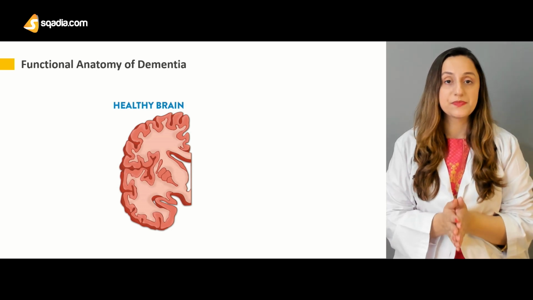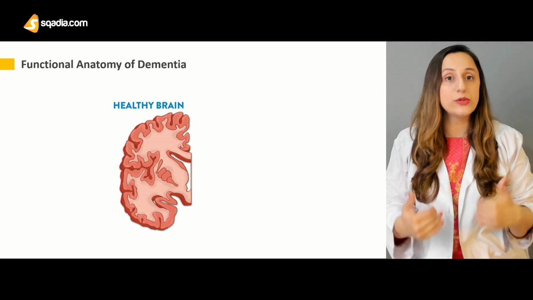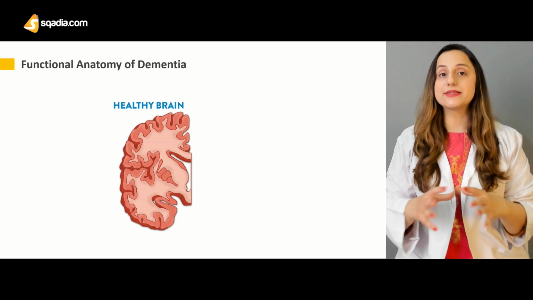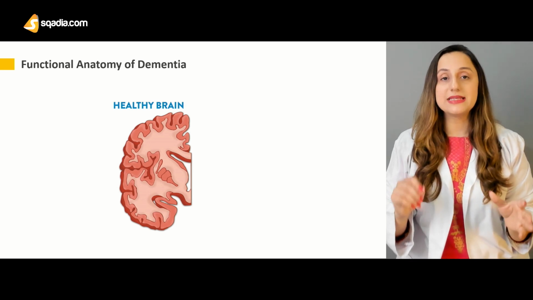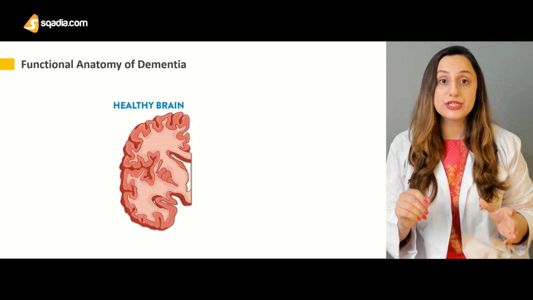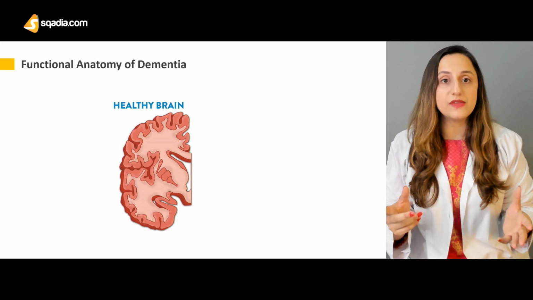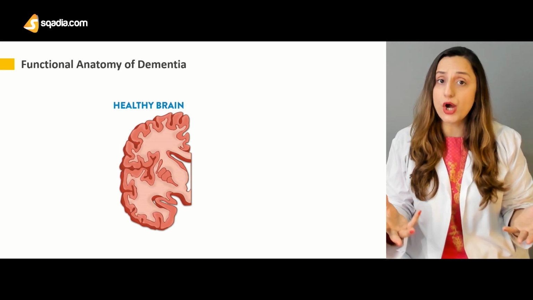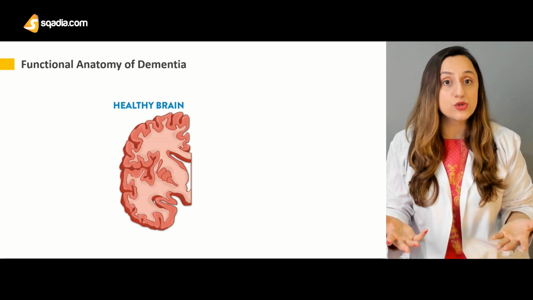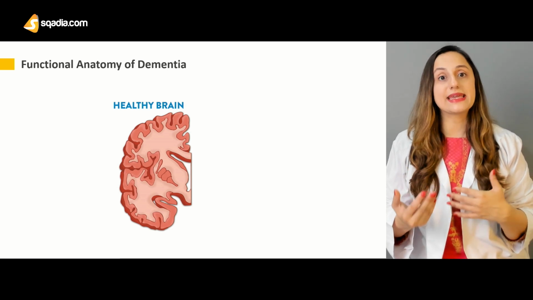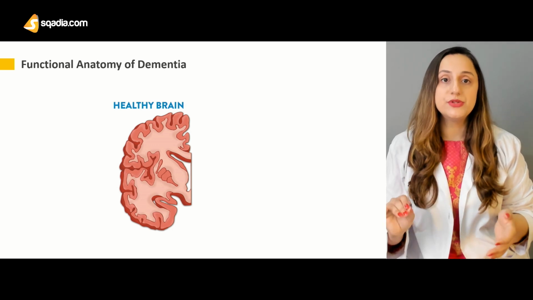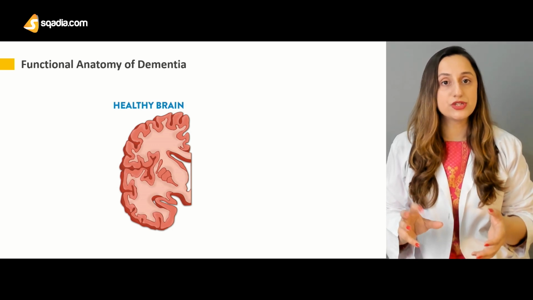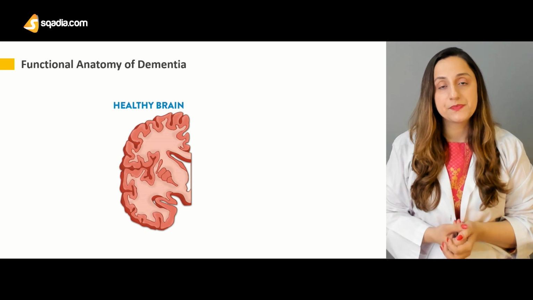For our own ease, we have divided the cerebral cortex into different functional zones, and we have given numbers to these zones. For instance, we have the motor cortical areas, the primary motor cortex, and the secondary motor cortex, and we have numbered these areas accordingly just for our own reference.